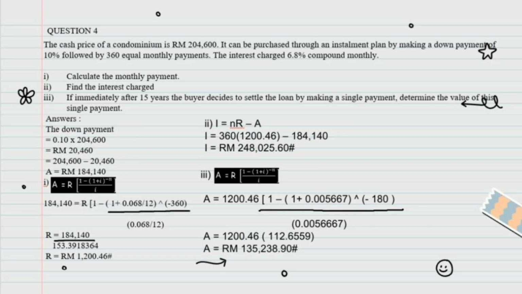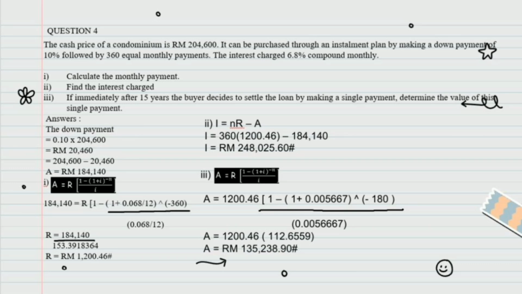Okay, so the question is: the cash price of a condominium is RM204,600. It can be purchased through an installment plan by making a down payment of 10% followed by 360 equal monthly payments. The interest charged is 6.8% compounded monthly.